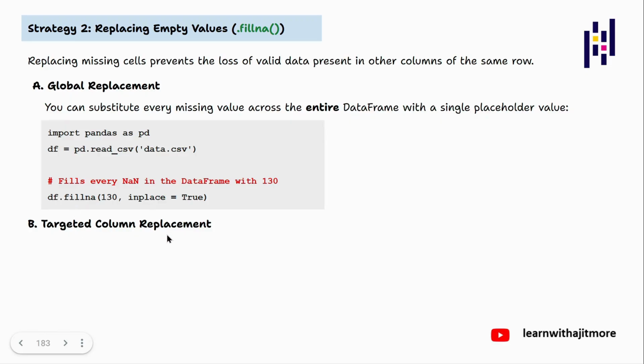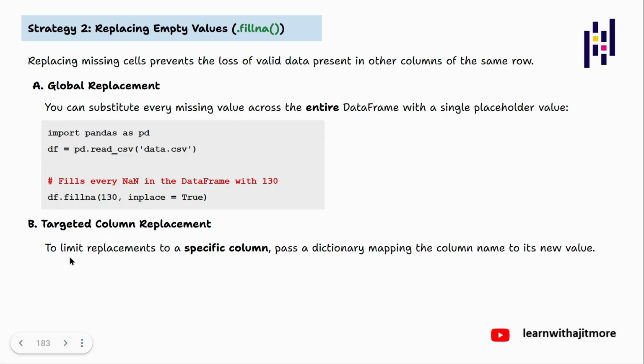Targeted column replacement. Okay? So how to do replacement in one particular column only? To limit replacement to a specific column, pass a dictionary mapping the column name to the new value. So here we have passed 130. Instead, pass here a dictionary in which the column name is there and the value for that column.